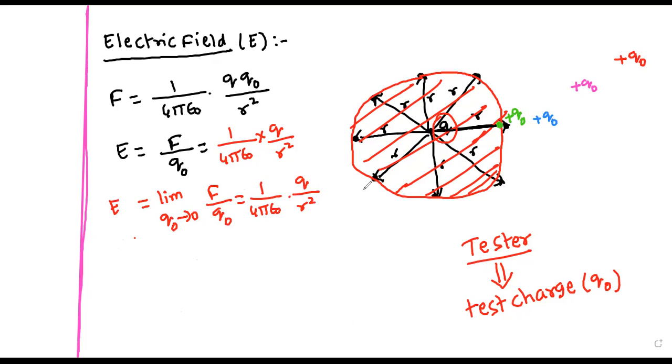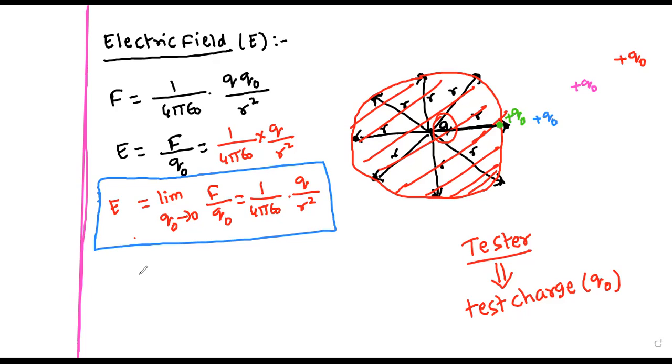That is the electric field due to a point charge Q. Remember the formula: the electric field due to a point charge is given as 1 by 4 pi epsilon naught times Q by r square.